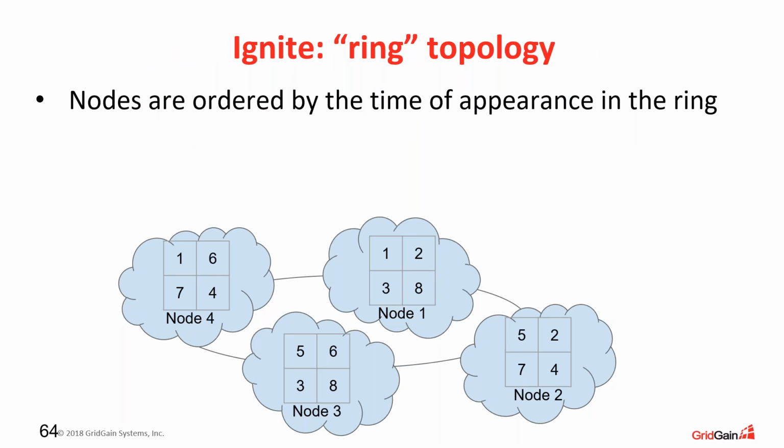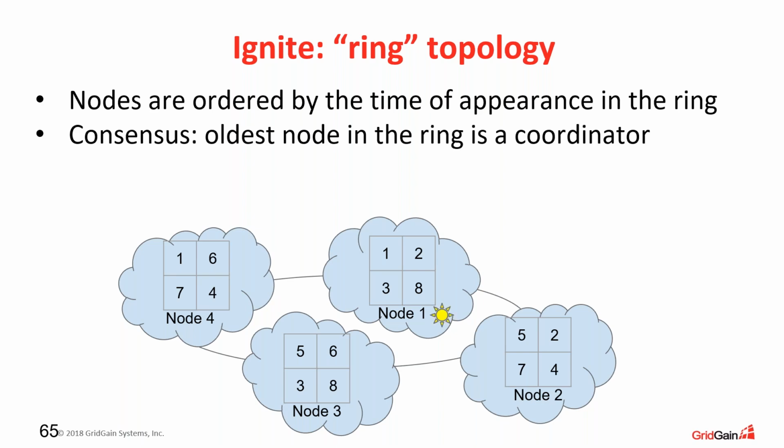And how is it achieved in Ignite? There is a ring topology in Ignite. Nodes are ordered by the time of appearance in the ring. The first node is first in the ring, and it has a discovery connection to the next node. If we maintain such a ring, it's easy to reach consensus on who is the leader or coordinator.